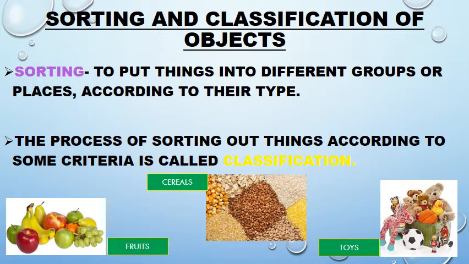And because of this, it becomes very easy to locate a particular item. So, when we put things into different groups or places according to their type, this is called sorting. The process of sorting out things according to some criteria is called classification.